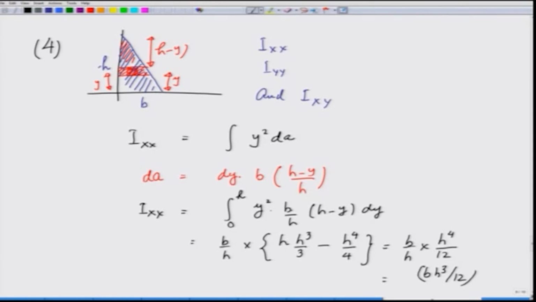So, Ixx, that is the second moment of area about the x axis for this triangle, is b h cubed over 12.